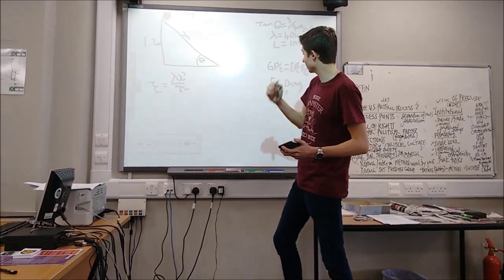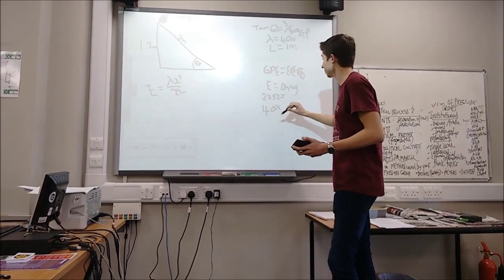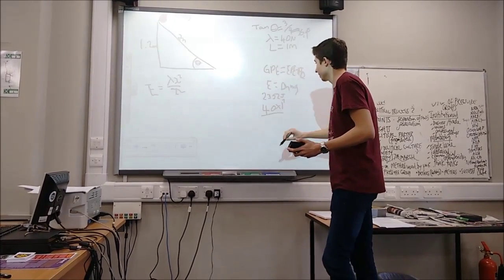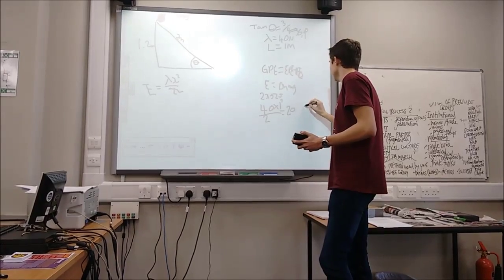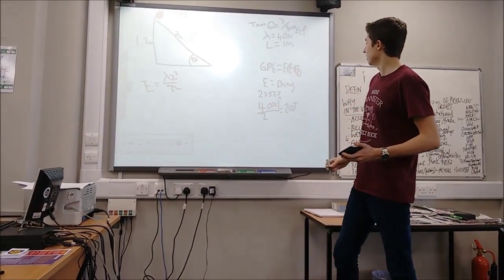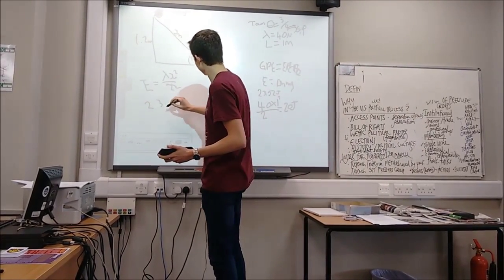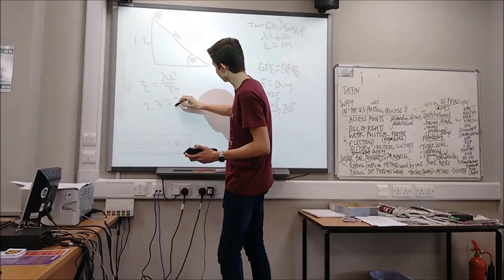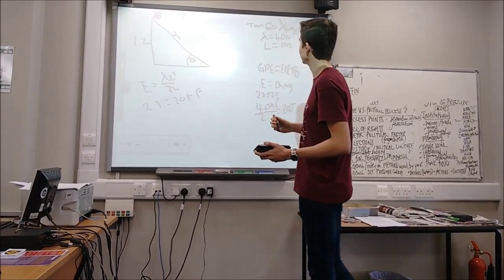So we know that 40, lambda, times x squared, which is 1 squared, divided by 2 meters equals 20 joules of energy, which is our elastic potential energy. So now we have an equation form. We've got 23 equals 20 plus this frictional energy. We don't know what it is.